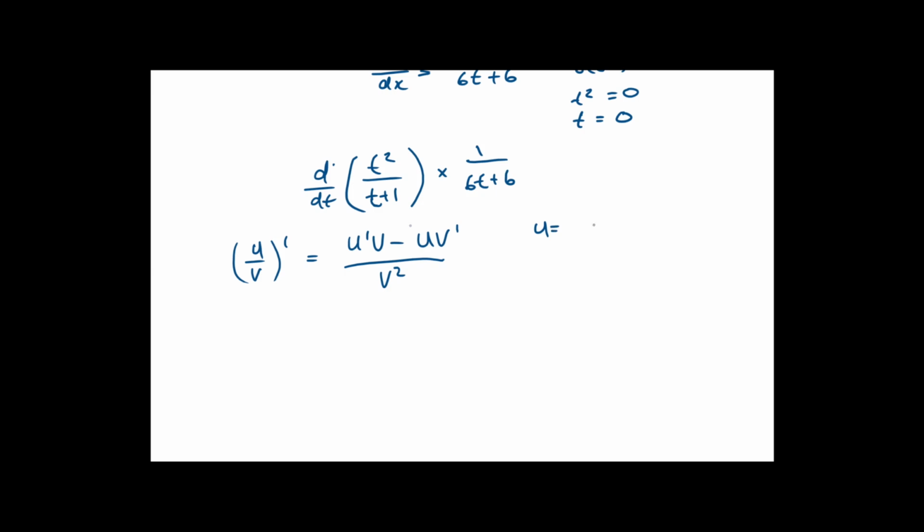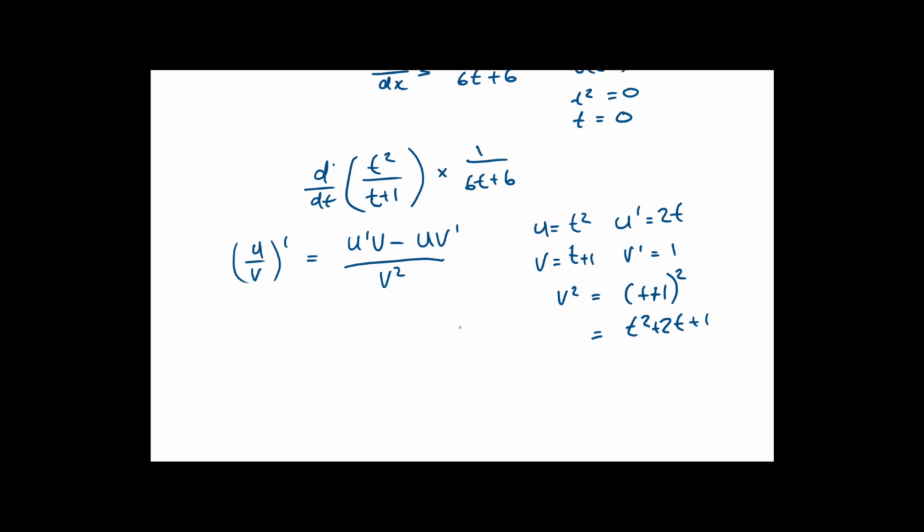So u is t squared, so therefore u prime is going to be 2t. v is t plus 1, and that means that v prime is just going to be 1. v squared is going to be t plus 1 squared, which is t squared plus 2t plus 1.